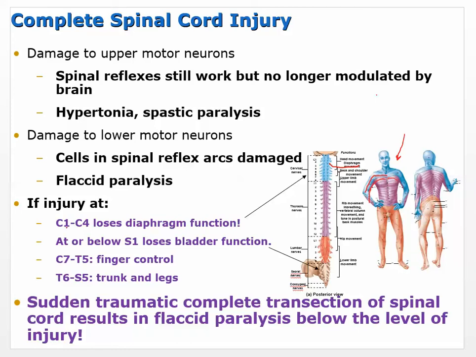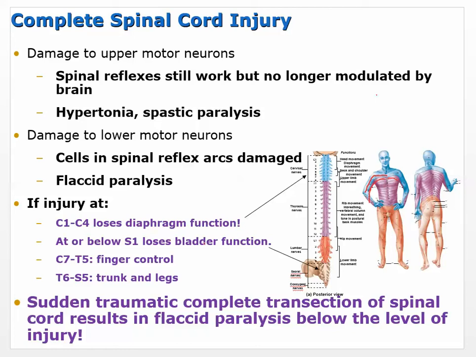So if you have an injury in the neck, C1 through C4, that gets up into the brainstem area and could damage your ability to breathe. That's where diaphragm function, your inspiration and expiration, is taking place, so when that's damaged, you can imagine that what's being controlled there, the diaphragm, is going to be affected.